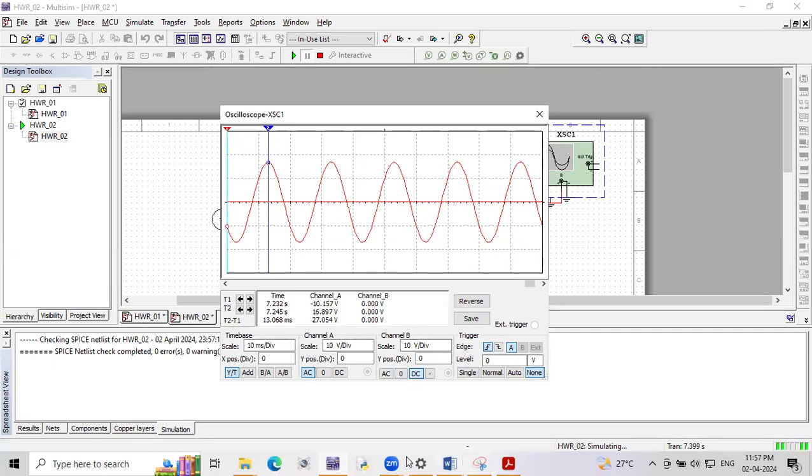So for the ripple factor, the no load voltage is 0 in channel B. You will not get anything; everything is 0, so no need to worry.